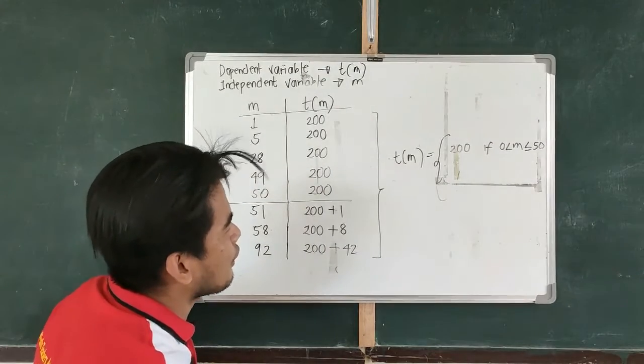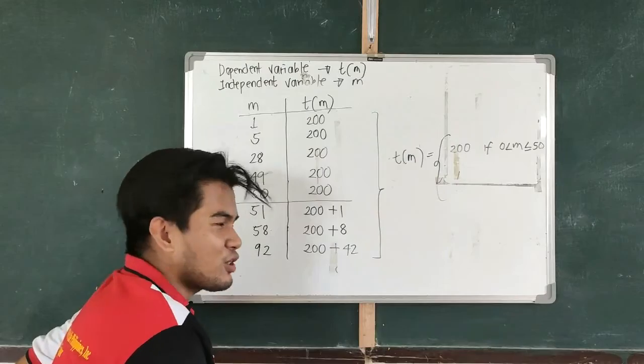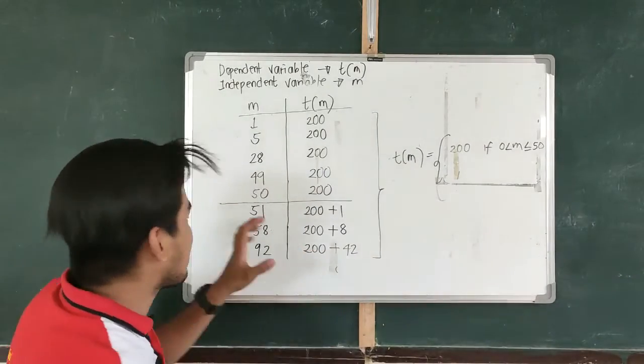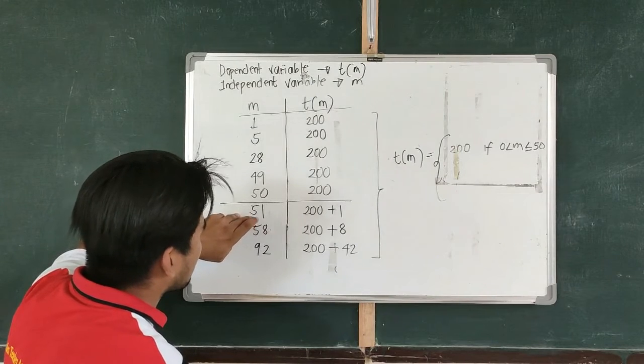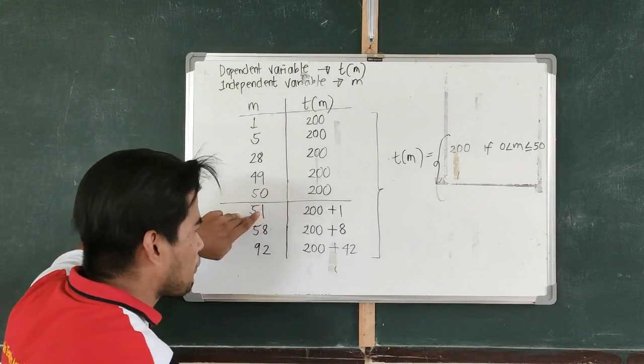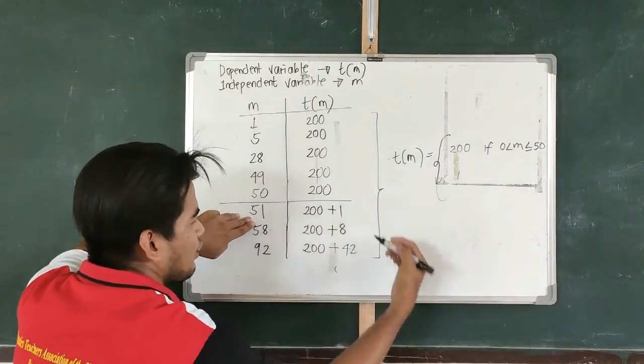So how about the second part of the problem, that's the second equation. So let's focus our attention here. As you can see, kapag sumobra daw sa 50 yung text messages na nagamit mo, 200, tapos idadagdag mo din yung sobra.